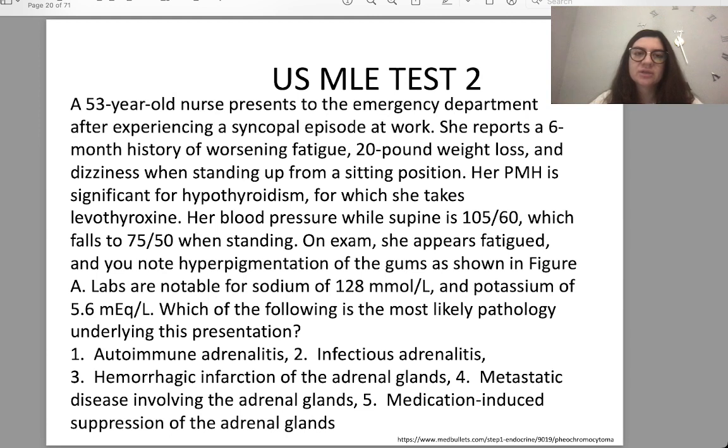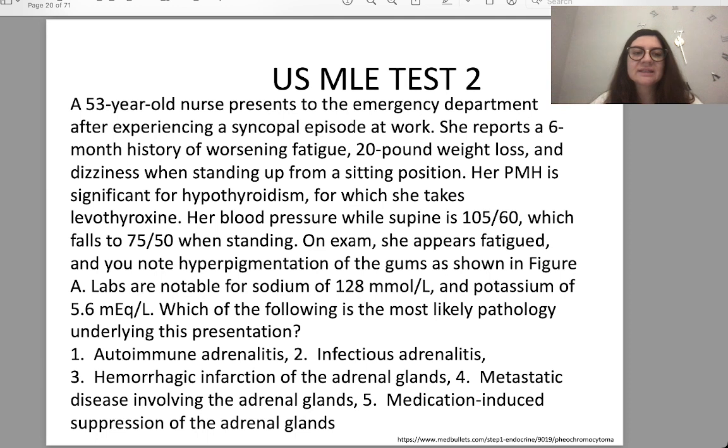A little bit USMLE test for your interest about this part of lecture. Question 2. A 53-year-old nurse presents to the emergency department after experiencing a syncopal episode at work. She reports a 6-month history of worsening fatigue, 20-pound weight loss, and dizziness when standing up from the sitting position.